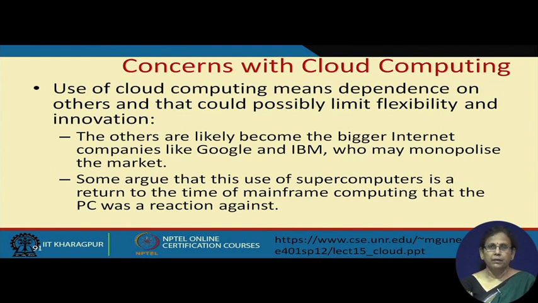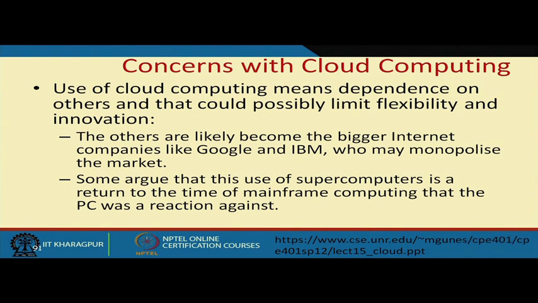Now, there are many concerns with cloud computing. What are these concerns? Use of cloud computing means dependence on others, and this could possibly limit the flexibility and innovation in a company. This is a concern.